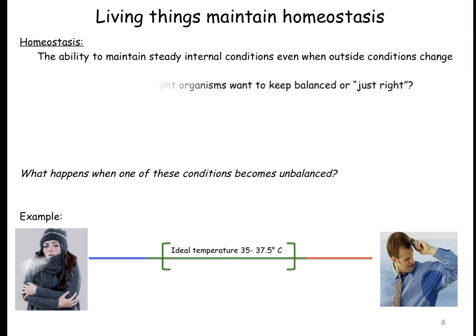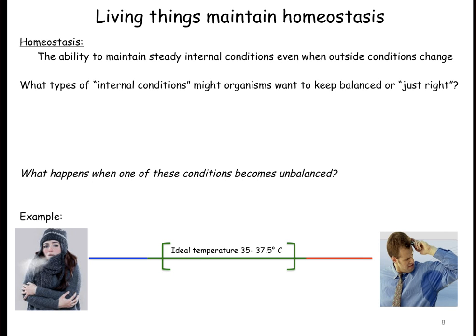So, what are some internal factors that organisms might want to control or keep in steady balance, even as outside factors are changing? Well, temperature, to begin with. We don't want our internal temperature getting too high or too low. We want it to stay within an optimal range. The same is true with the amount of water in our bodies, as well as the amount of salt and the amount of nutrients.